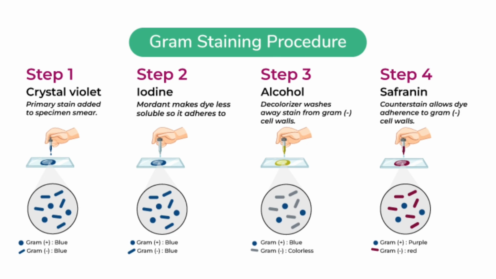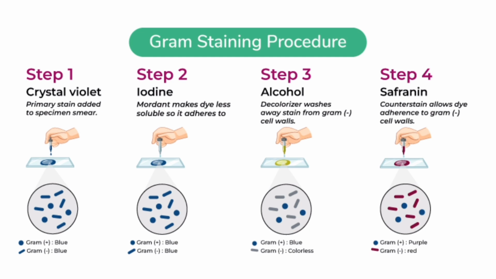The gram staining procedure, the gram staining technique, involves four basic steps. The first step is adding a particular dye, which is crystal violet, to stain the specimen. The second step is adding iodine, which is a mordant that makes the dye less soluble so it adheres to the bacterial cell wall. The third step is adding alcohol to decolorize or wash away stain from the gram-negative cell wall.